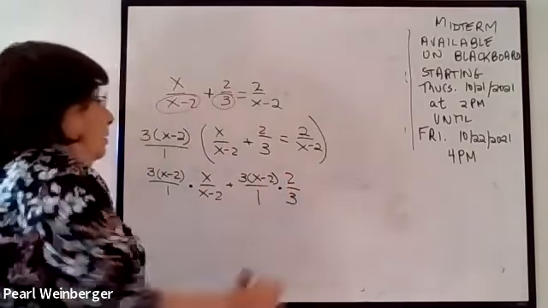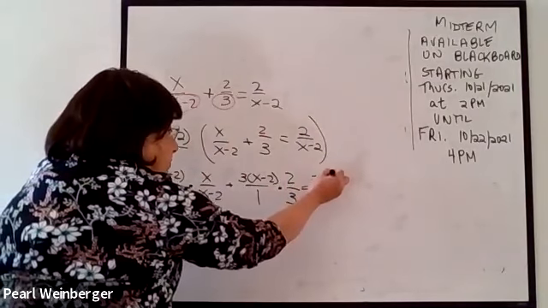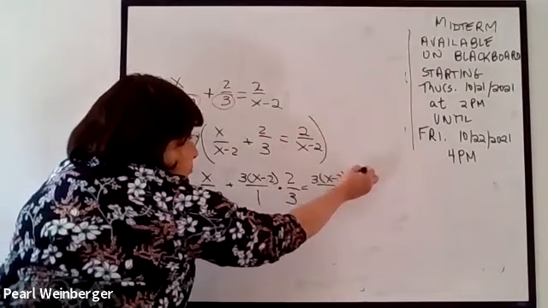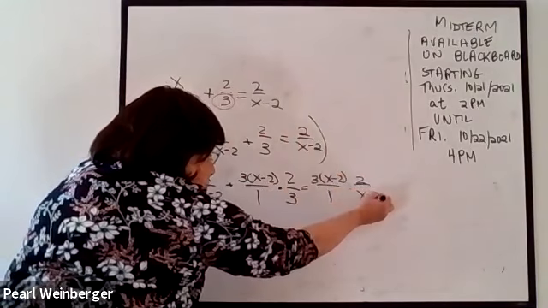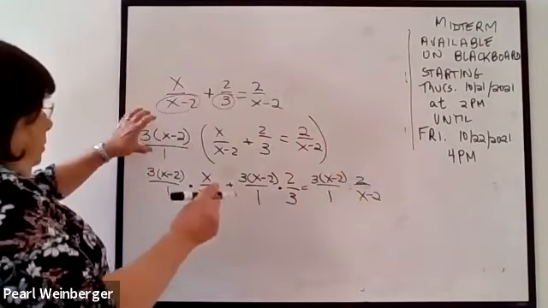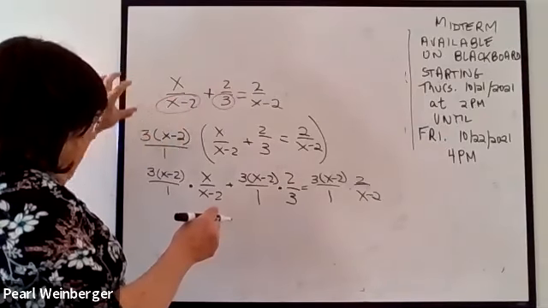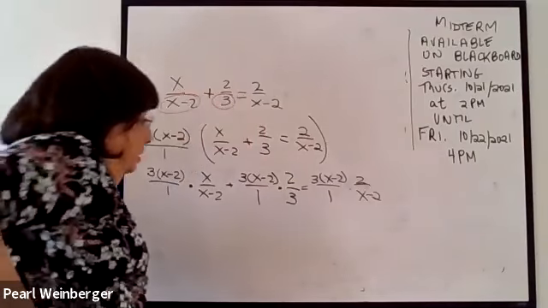And finally, I'm going to do that same 3 times x minus 2 over 1, and multiply it by the 2 over x minus 2. So I'm taking this LCD and multiplying it by each of the terms.